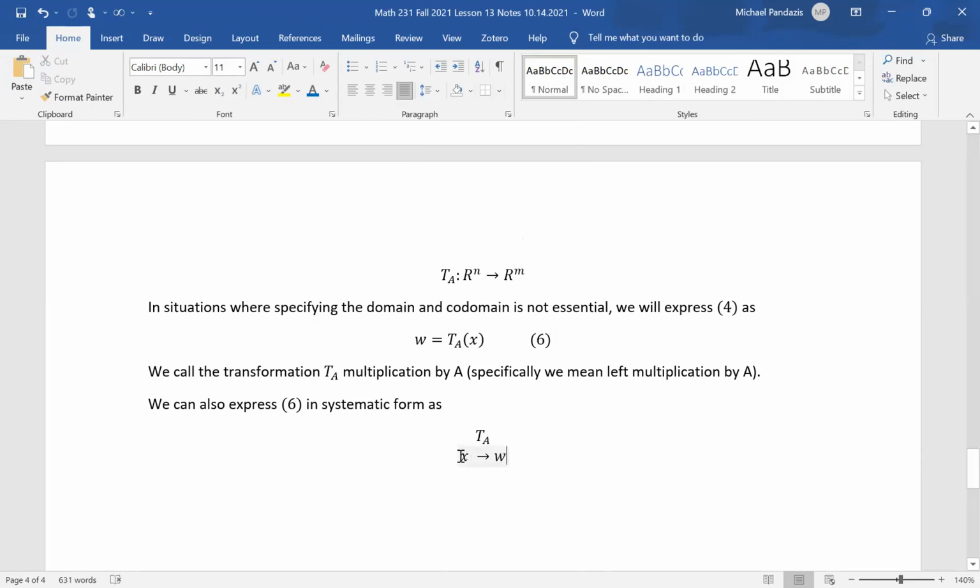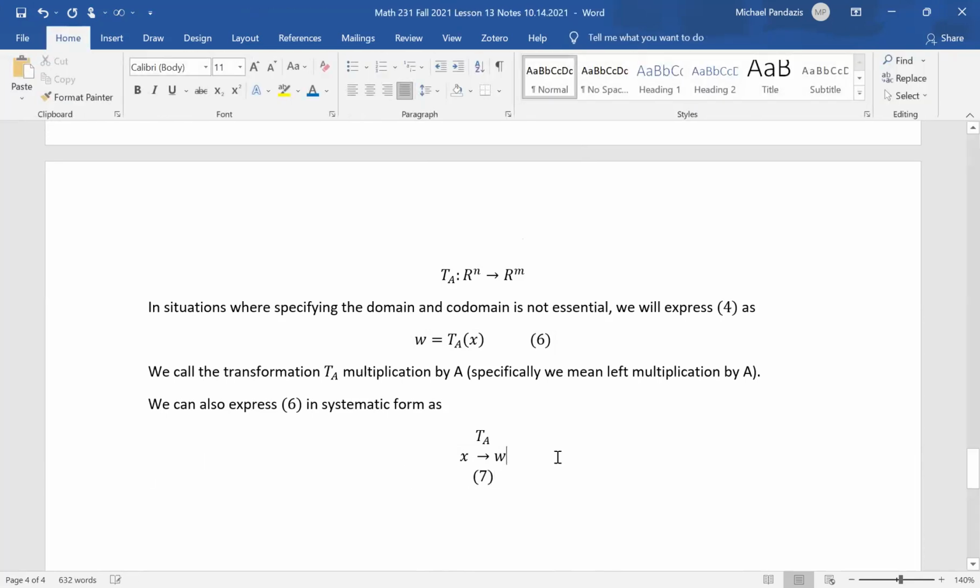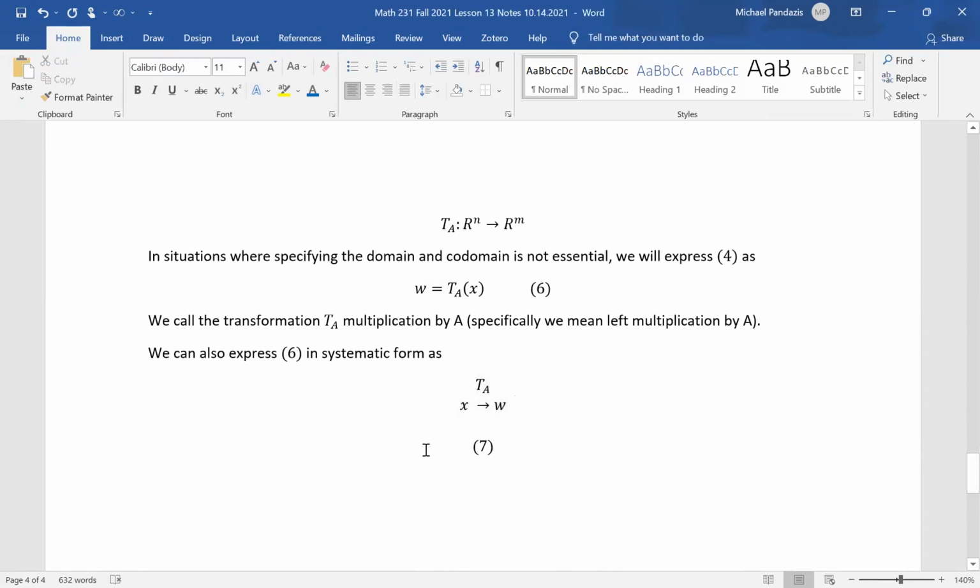So T sub A is a map from X to W. I'm denoting this by 7, and the 7 is just a label, not part of the notation. In systematic form, it's just saying that T sub A is a function whose input is X and whose output is W. Input X, output W. So this is the exact same thing as the equation, just a different way of saying it.